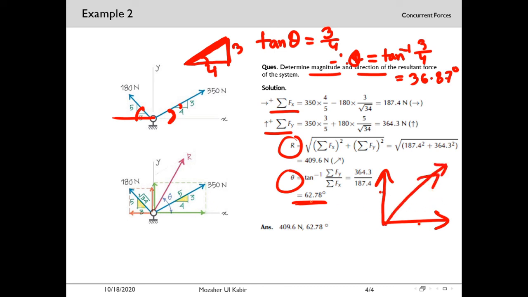Now as the angle is positive, we need to move from this direction, and the angle will be 62.78. As the angle is positive, we are moving from the positive side of x. We know that x is positive rightward and negative leftward, so we are starting from the rightward portion, 62.78 degree.